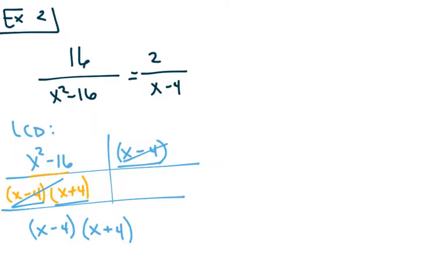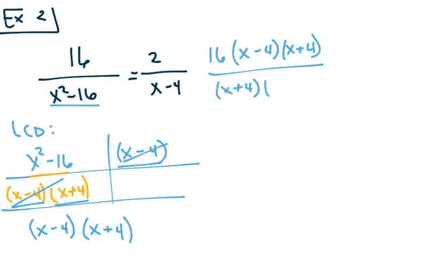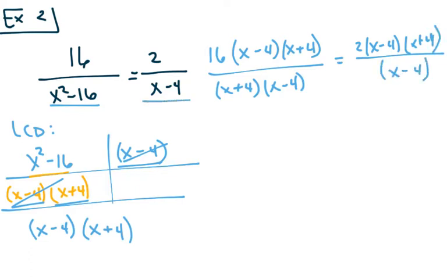So we have 16, x minus 4, x plus 4, and I'm going to factor that bottom x squared minus 16 as x plus 4, x minus 4, and you guys can probably see why now. And that's equal to 2 x minus 4, x plus 4, and then on the bottom we still have the x minus 4 from the original denominator.